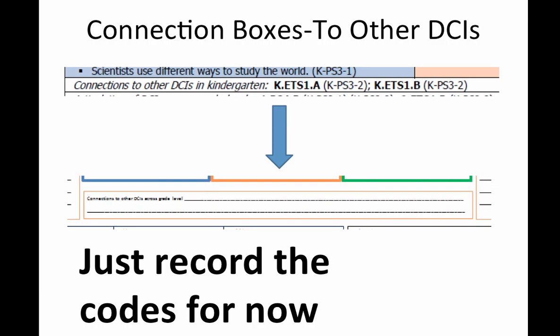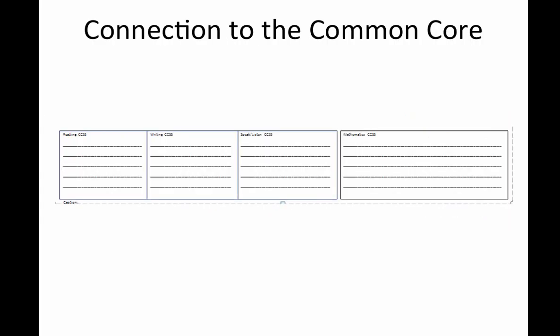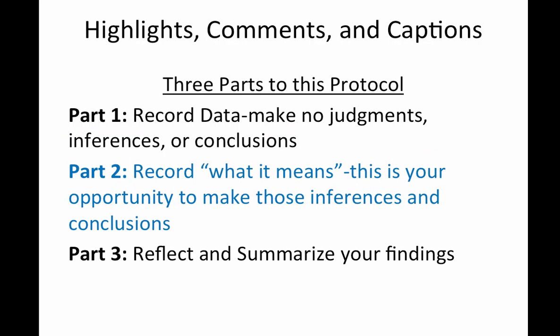Then on the bottom you're going to do the DCIs. You don't want to write down all of those connections, just the ones that connect to your specific performance expectation. You have to scrutinize this a little bit. And then here's the connection to the Common Core, as mentioned earlier.